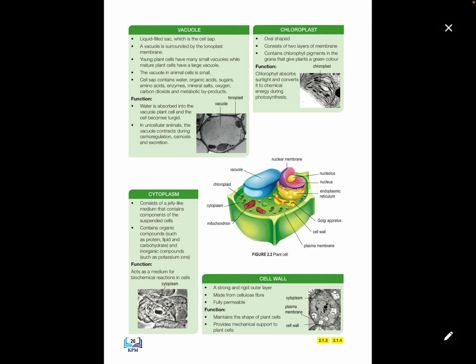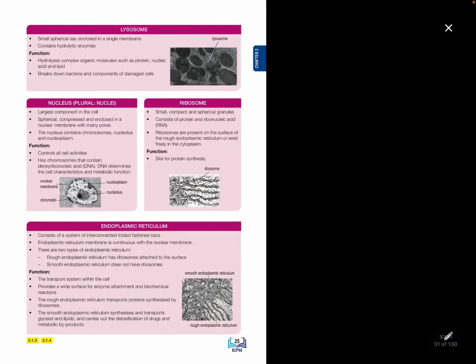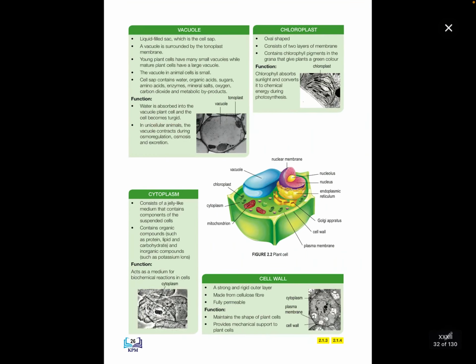Next is the chloroplast, and the chloroplast contains chlorophyll, and I'm sure everyone knows what the chloroplast does now. Next is the cytoplasm. I don't know why they included it here, because it's in both examples, but basically it is the medium for these cell reactions to happen.